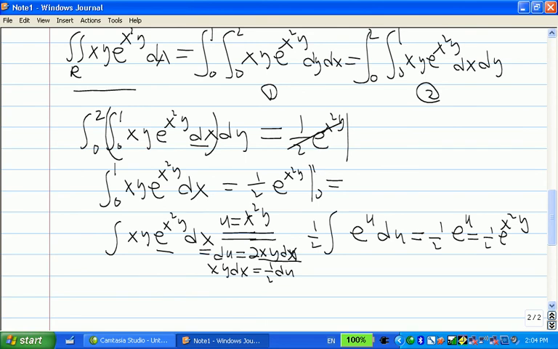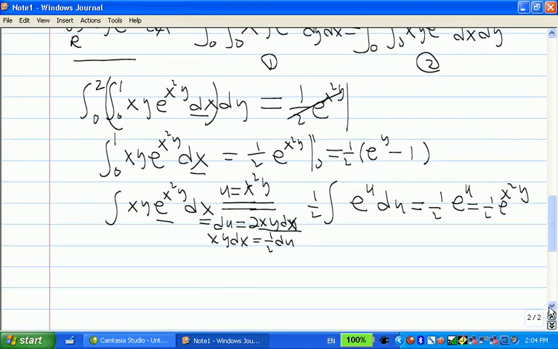You have to be careful about which variable you replace by 1 or 0. This is the integral about x, so you replace x by 1 first. So you get e to the y. Then subtract, replace x by 0. So you get minus 1. Therefore, this iterated integral becomes this.